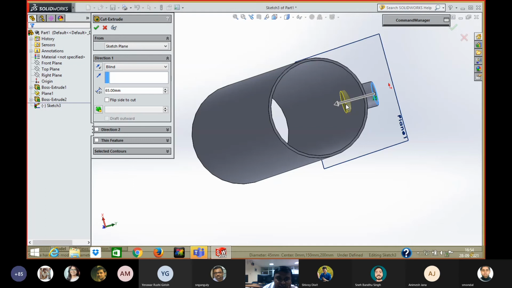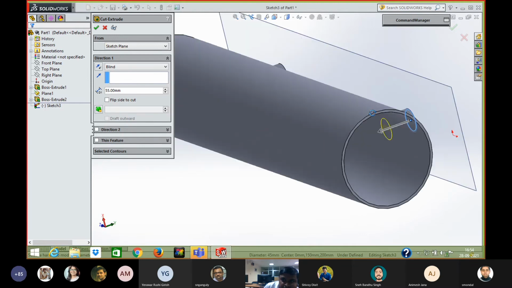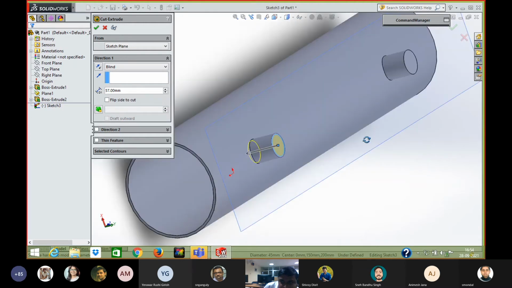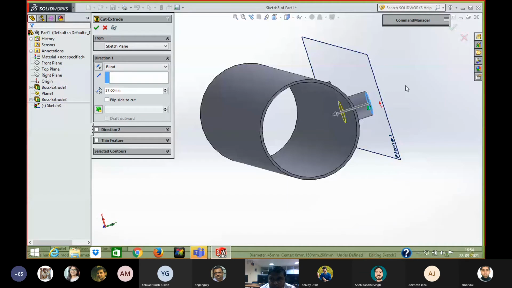I can tell it as 55 mm. See, up to the surface. So I can slightly increase this to 57. Small increment. Okay.